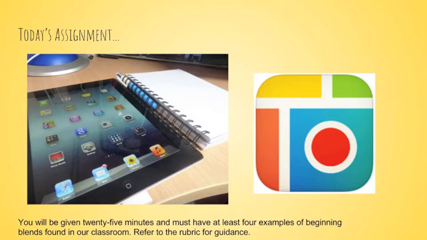As you take a picture of something that you believe has a beginning blend, you will match a word to the picture. For example, if you were to take a picture of the globe up here on the bookshelf, you'll take a picture of the globe and then you will sound stretch globe. G-L-O-B. Globe. As you sound stretch it, you will type it in your iPad and match it to the picture. You will work with one person. You can also refer to our Pic Collage rubric if you need help on what will be expected of you.